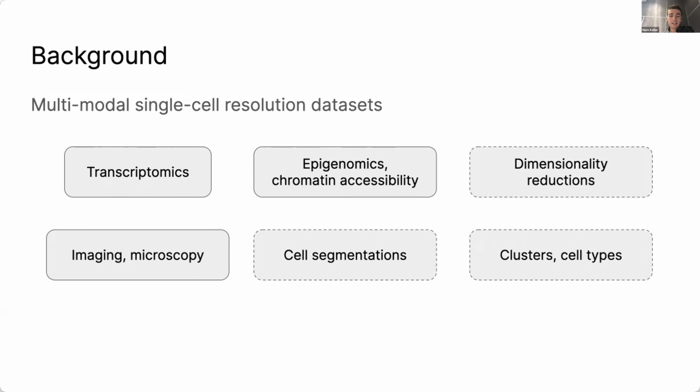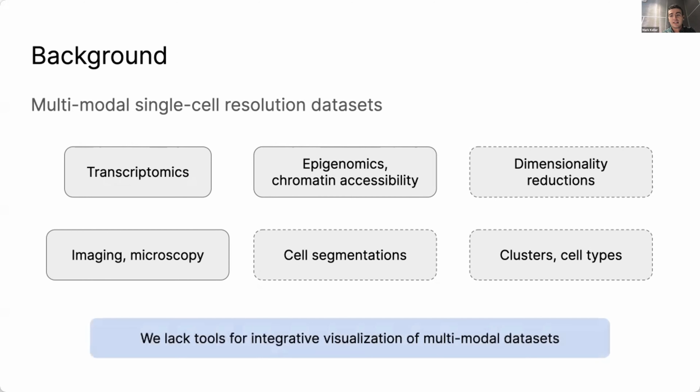There are currently many tools for visualization of individual modalities, such as genome browsers, image viewers, or scatterplot viewers, but few tools which enable visualization of all of these modalities simultaneously.